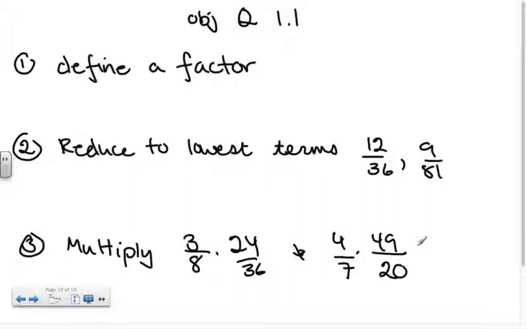Okay. So these are your problems. There's 1, 2, 3, 4, 5 questions worth 5 points.